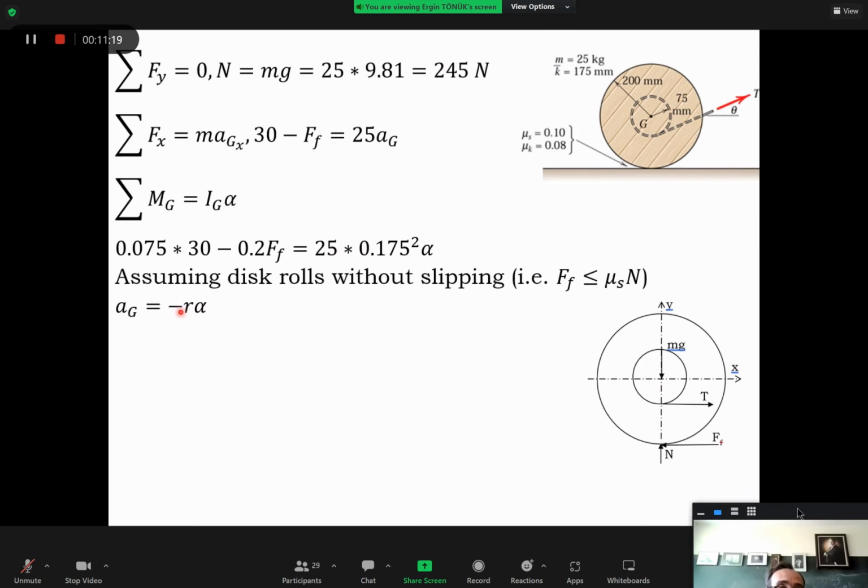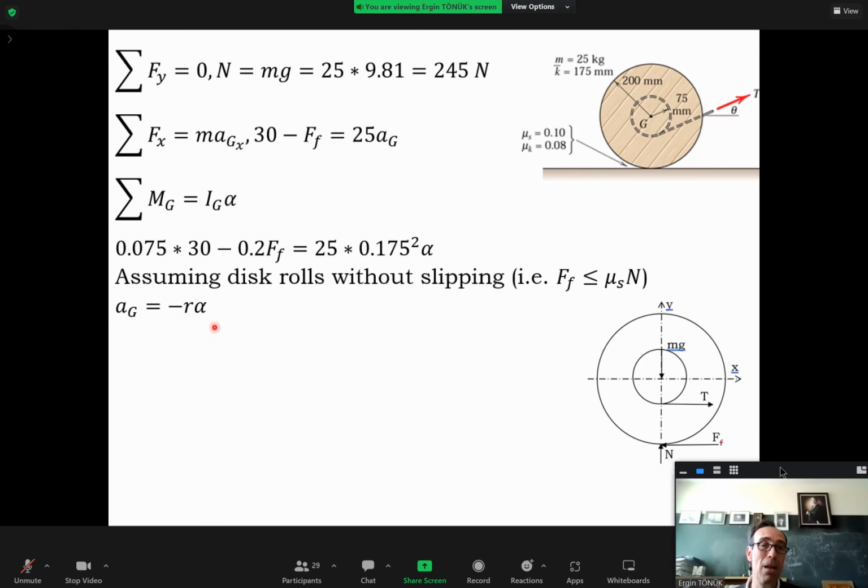That's why I have this minus, and that's a kinematic constraint that relates the two. So I have three unknowns, three equations right now. If it's rolling without slipping, it's a constraint motion, okay? Is this clear up to here? Then I have three equations, three unknowns. I can do the solution.